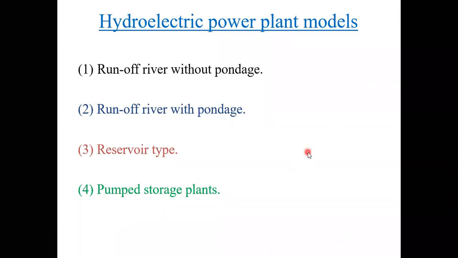On what basis have we classified these hydroelectric power plants into these 4 categories? It is how we can store the water. Based upon this point, we can classify our hydro power plants into these 4 categories.